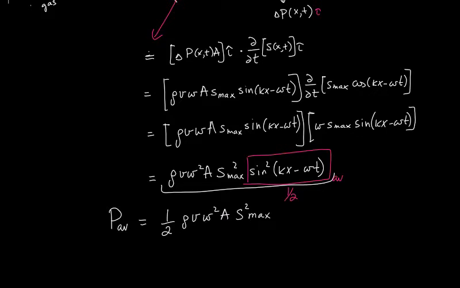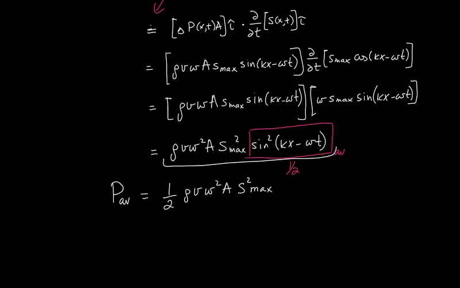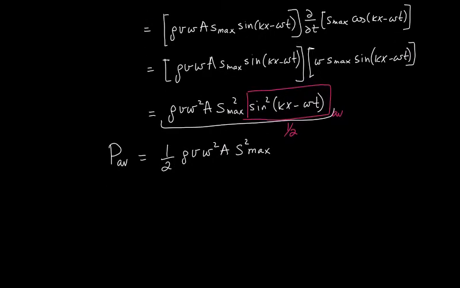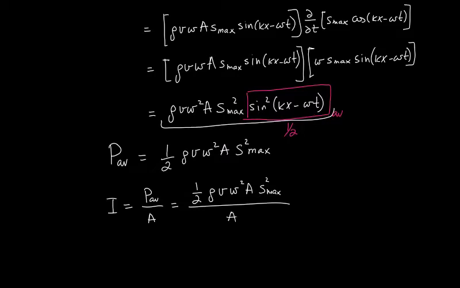So that will be the average power. Now, if we want to write intensity, we know that intensity is the average power per cross-sectional area. Then I can write 1/2 rho v omega squared A s max squared divided by A, and then the A's will cancel out. We will end up having 1/2 rho v omega squared s max squared.